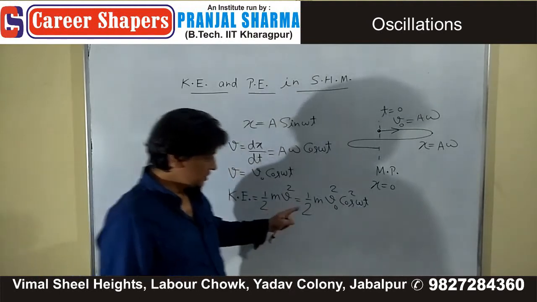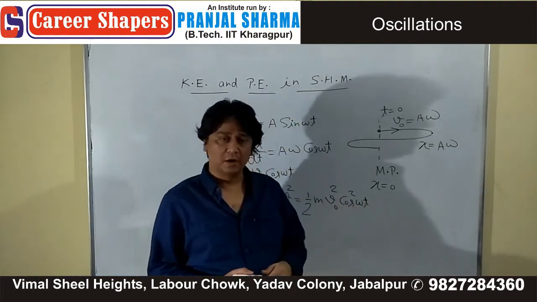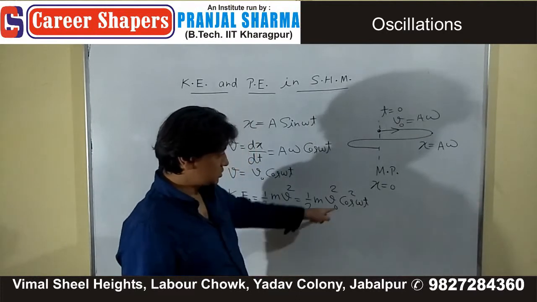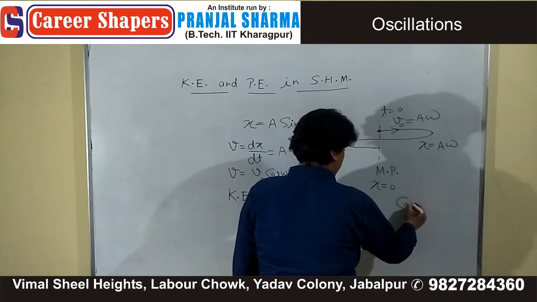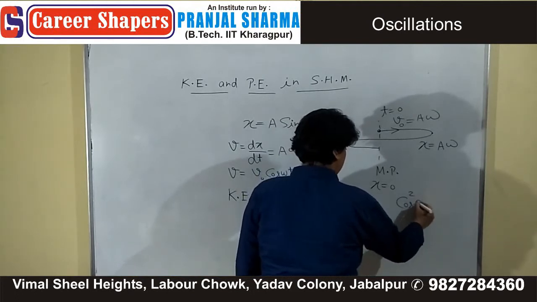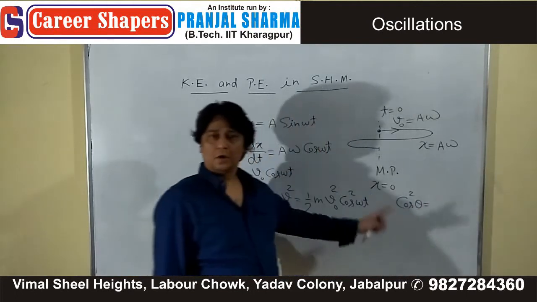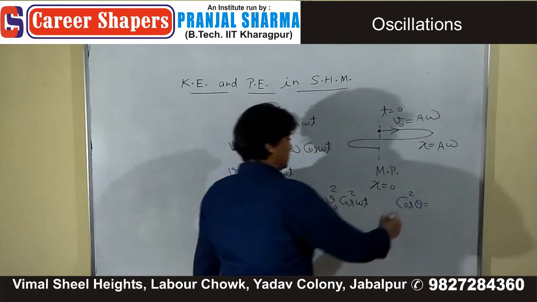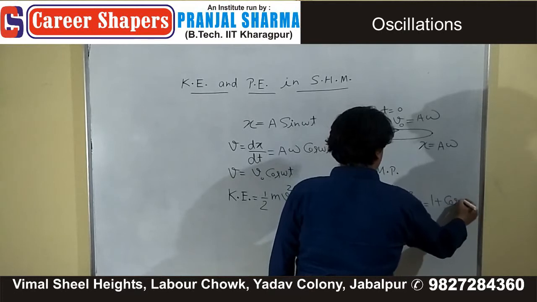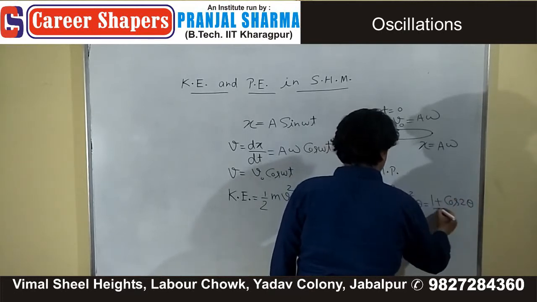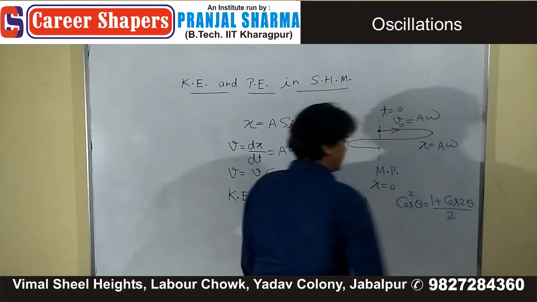Now, this kinetic energy part, which has cos square omega t, we will convert with the help of this formula. What is cos square theta? Cos square theta is 1 plus cos of 2 theta divided by 2.